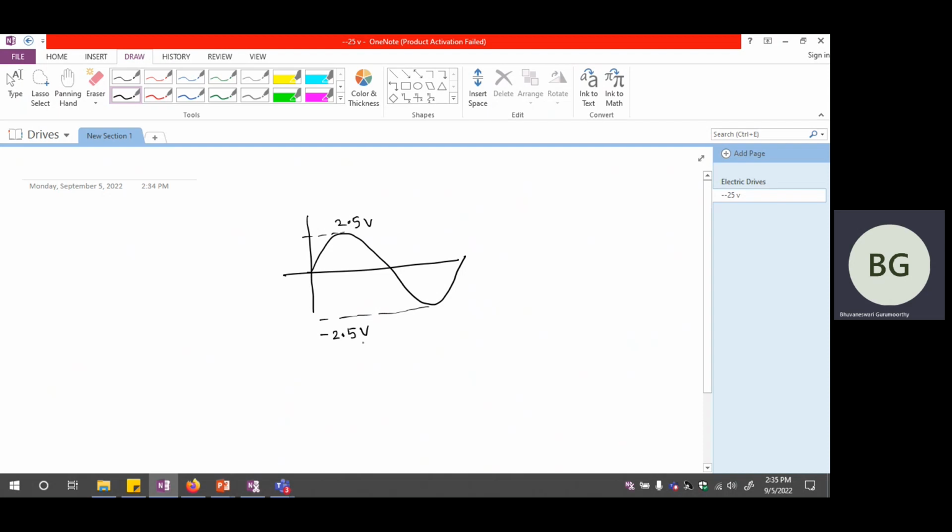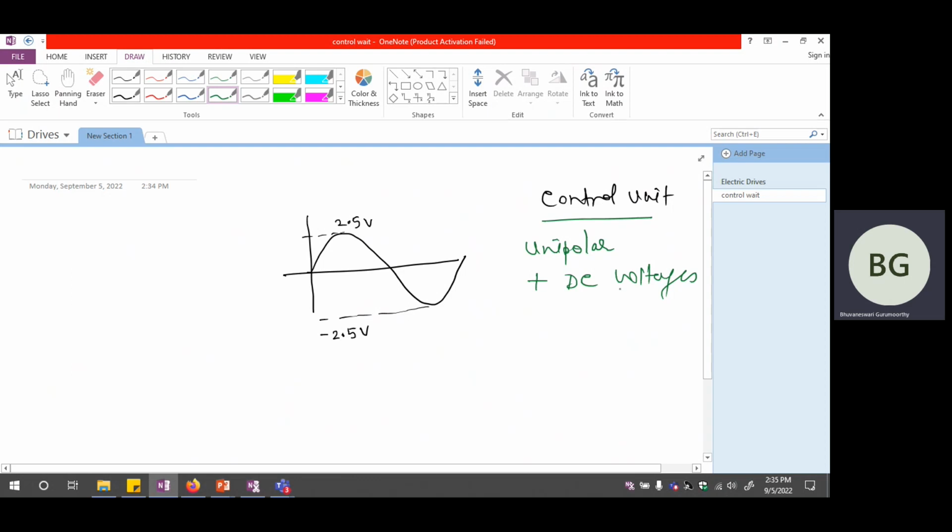But most of the time, the control unit may be a computer, digital electronic circuit or analog electronic circuit, and this may be able to handle only a unipolar signal. What we mean by unipolar signal is it may be able to handle only positive DC voltages.